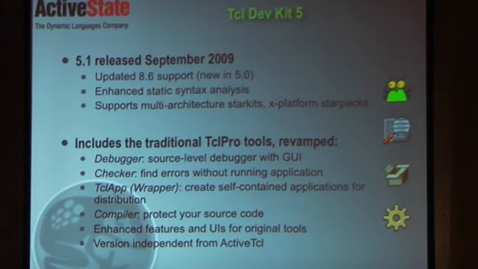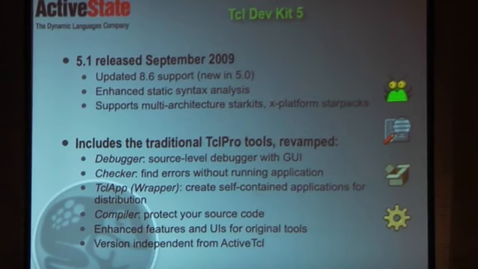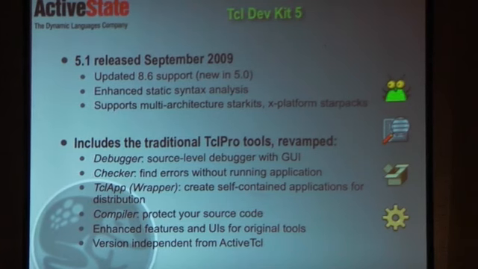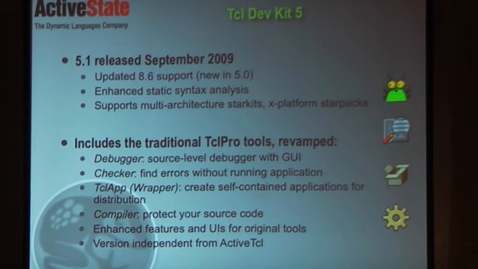There's a debugger for source level debugging with the user interface. The checker finds all of your errors without running the application. So this is very important, especially with dynamic languages. After TclApp, which is this next item, the checker, which is in both the Tcl Dev Kit and the Perl Dev Kit, is the most commonly sought after feature.